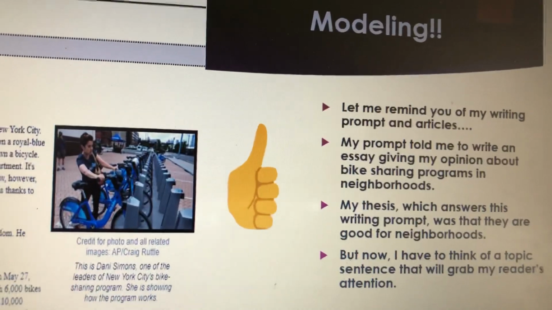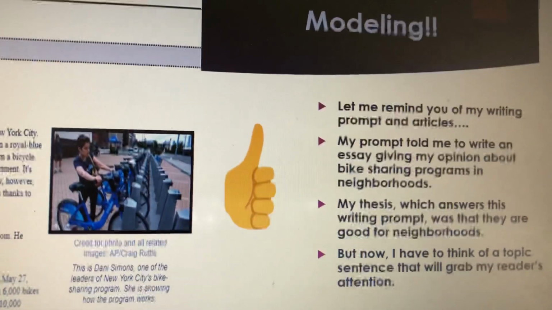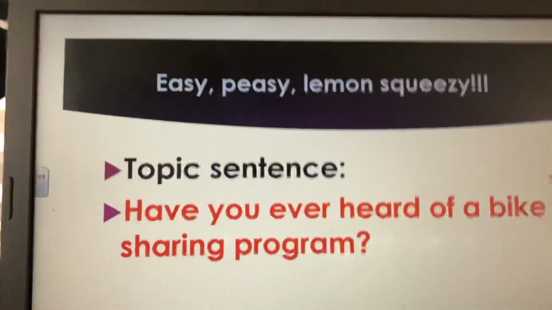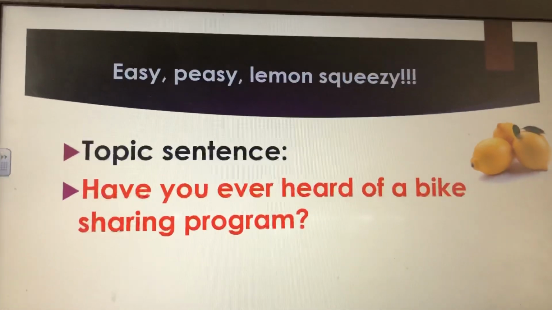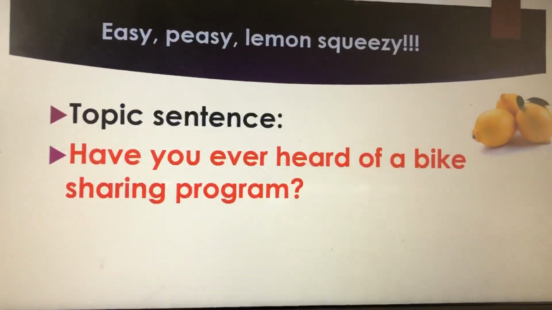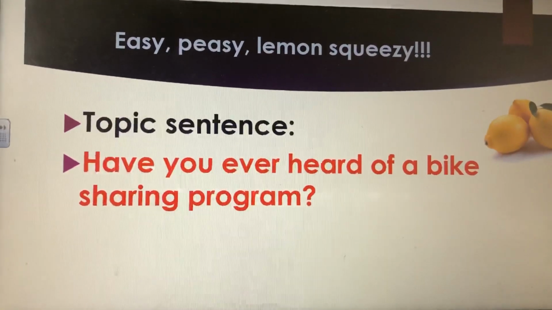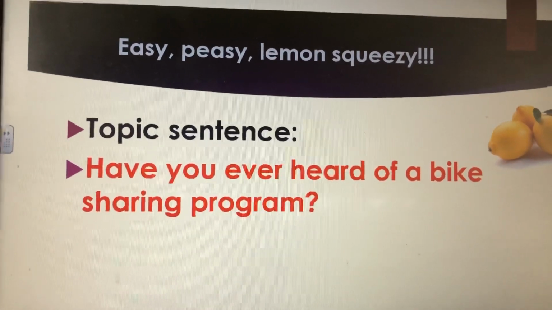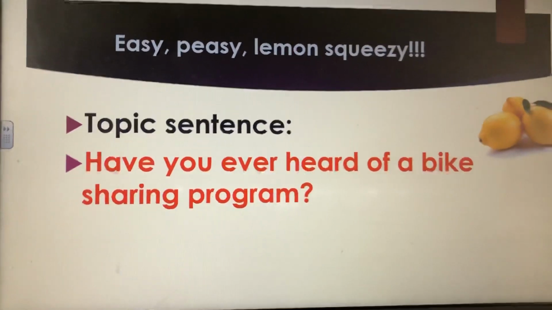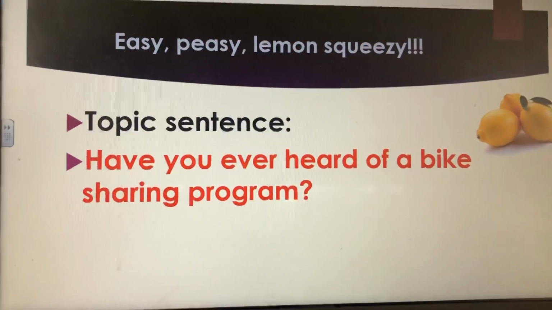But now, my next step is to think of a topic sentence that will grab my reader's attention. So, easy peasy, lemon squeezy. For my topic sentence, I decided to go with a question. And that question is, have you ever heard of a bike sharing program?